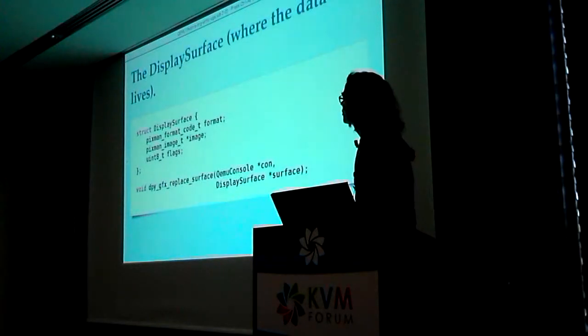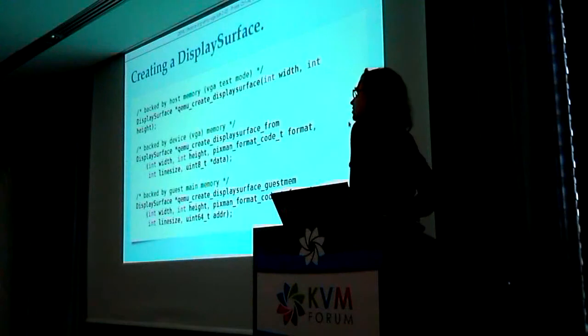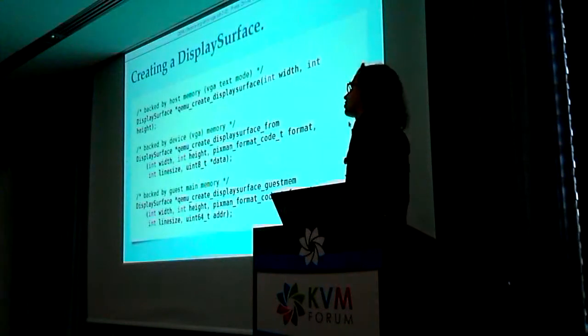And there are a number of different ways to create such a display surface. The easiest is just create display surface. Those display surfaces are backed by host memory, so QEMU will just allocate a block of memory for this Pixman image. And then it's the job of the display emulation code to fill in the data it has into this display surface.